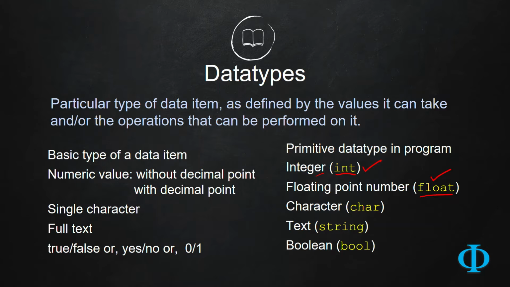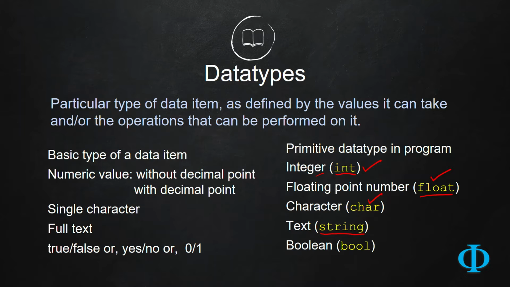If it is a single character, then in a C++ program we call it char. If we want to denote full text, then in C++ you have the data type available as string. It is also possible to have data in the form of only true or false, yes or no, 0 or 1, on or off.